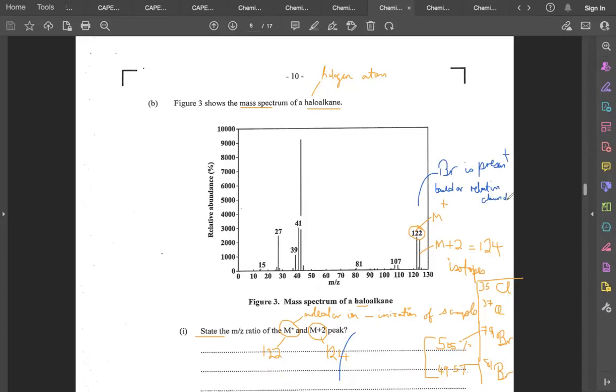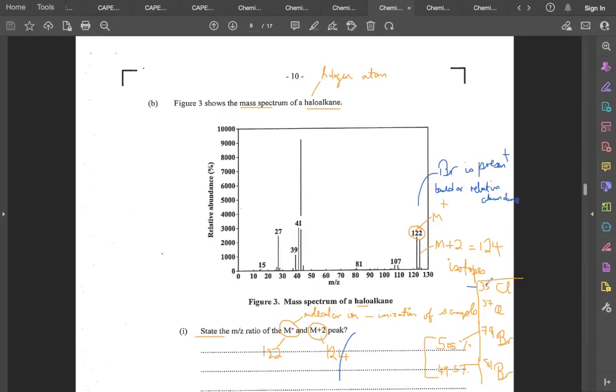If it was chlorine, guys, what would you see? What percentage is chlorine 35, and what percentage is 37? Do you guys remember?